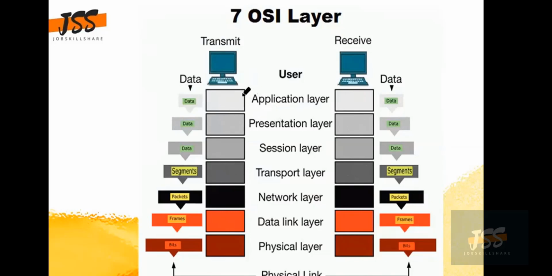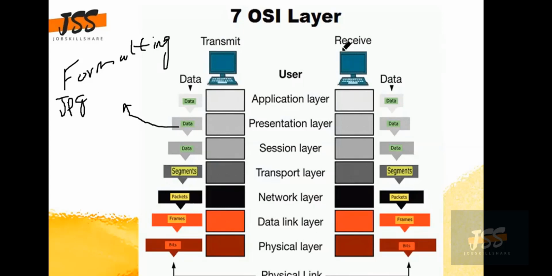After that, you will go and hit the presentation layer. And the presentation layer has to do with formatting. What does formatting mean? For example, we have some images which are in JPEG format. How is this computer going to differentiate JPEG format versus PNG format?